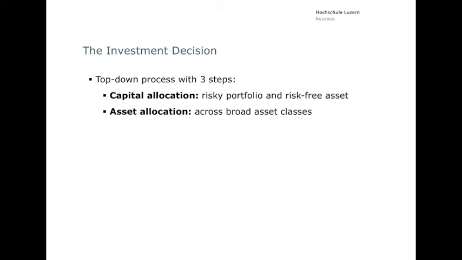Second, asset allocation with the risky portfolio across broad asset classes, for example US stocks, international stocks and long-term bonds. And third, security selection of individual assets within each asset class, shares of UBS or Credit Suisse or Goldman or other stocks.